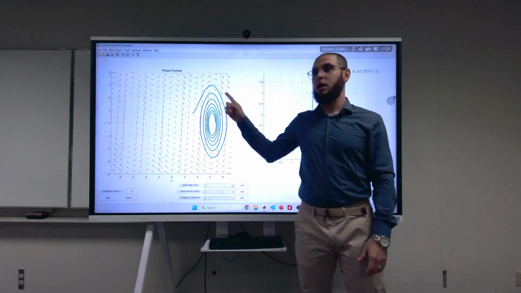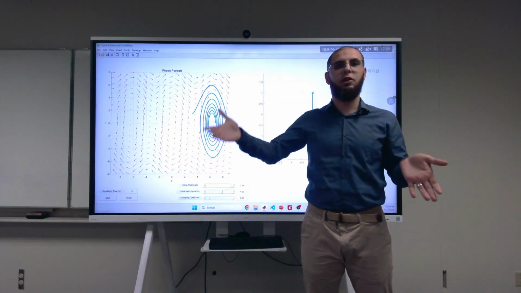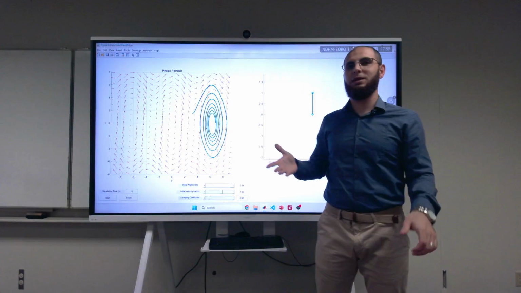So the bottom line is that if you have multiple equilibrium points, by definition it's not possible to have global asymptotic stability.